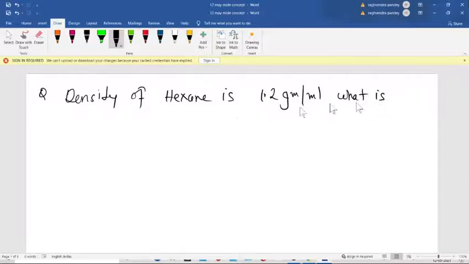What is its molarity? What is its molarity? So you have to write the answer.